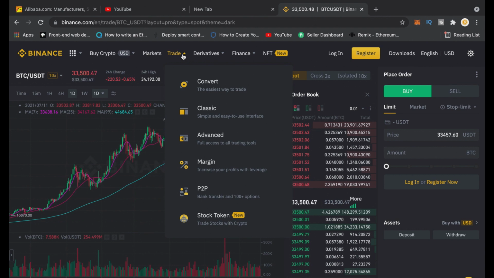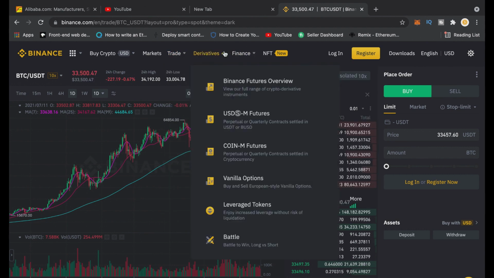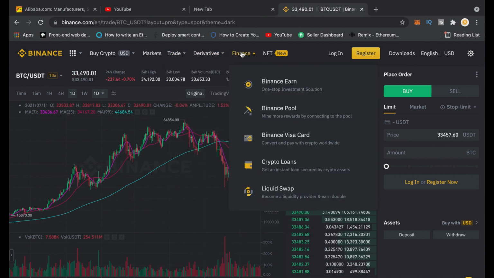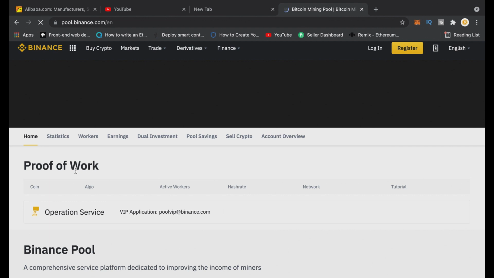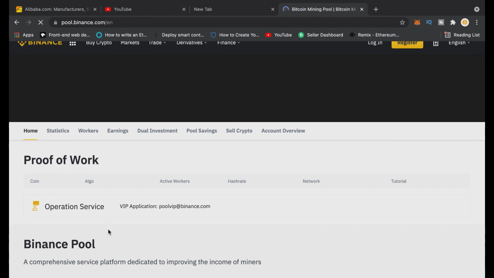Most times I do advise guys, if you're just starting up and you want to earn money without actually doing trading or stressing yourself, then it's better you just come to this Binance Pool, right? Come to the pool. So there is POW, proof of work, right?